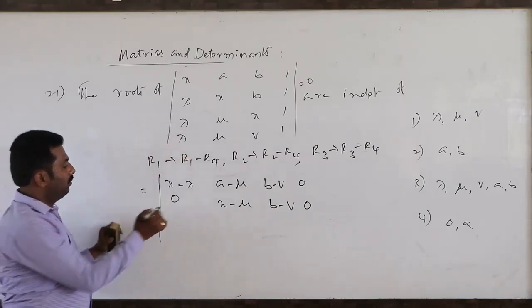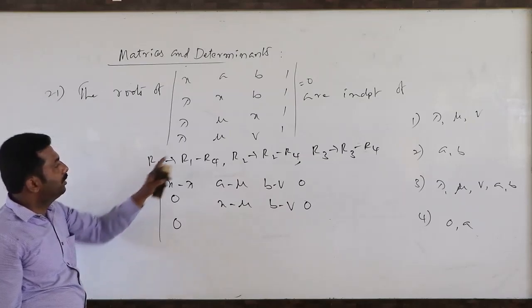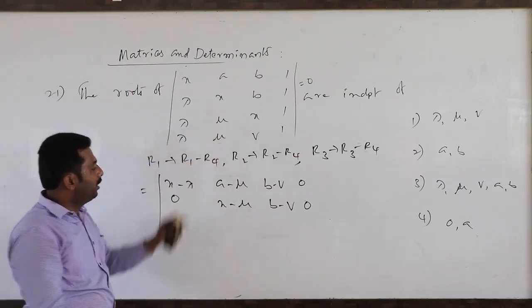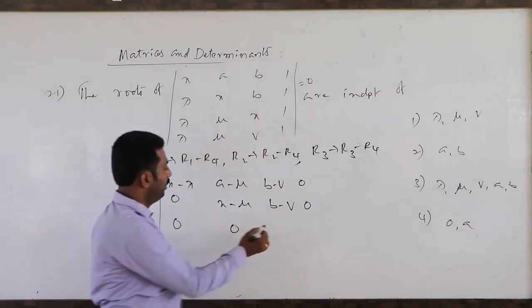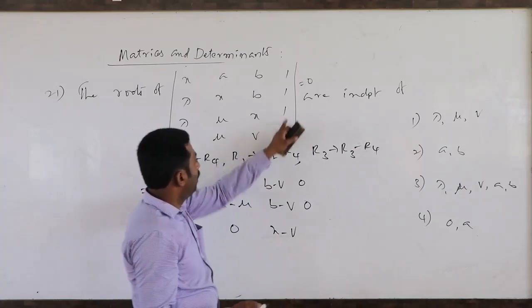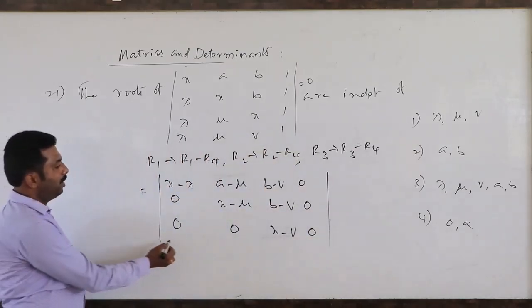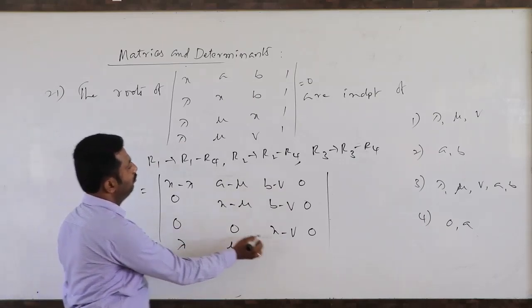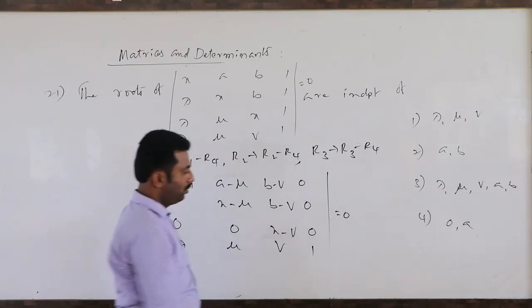R3 minus R4: 0, 0, x minus v, 0. No changes in R4: lambda, mu, v, 1, equal to 0.